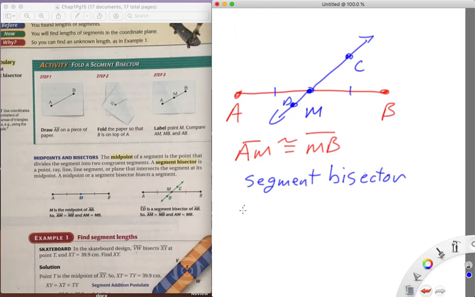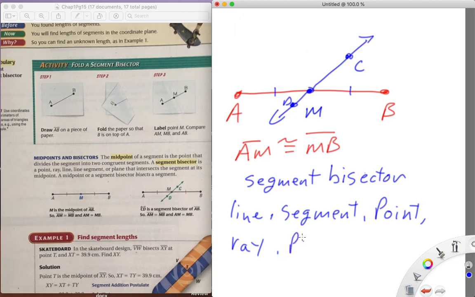It can be a line, a line segment, a point, a ray, or a plane that goes through the midpoint.